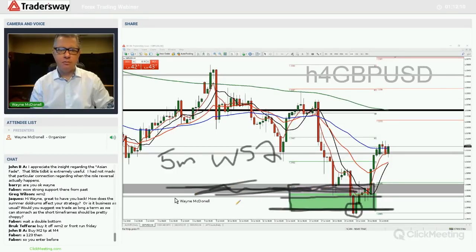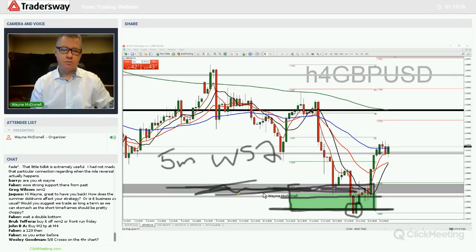So you're thinking, because of the confluence of role reversal going back a year, because it's a monthly pivot, and because it's an S2 of a weekly cluster, all those things say this actually could be support. So on a 5-minute chart at the weekly S2, which is here, you would look for a pattern.